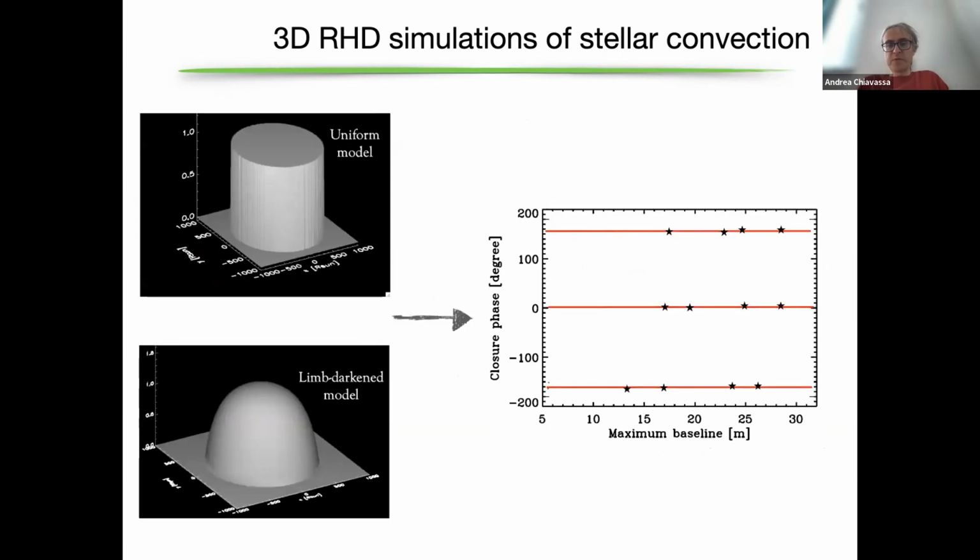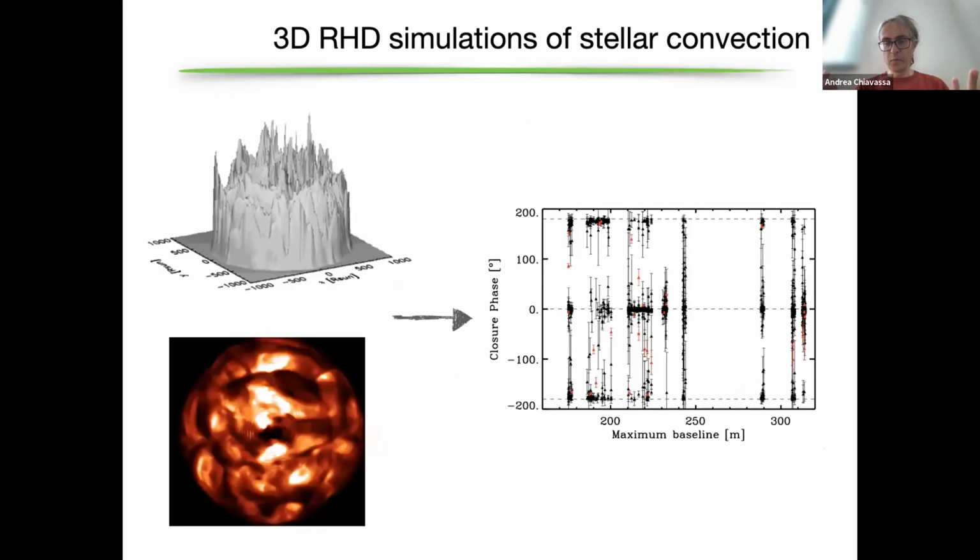How do we do this? So now we go to interferometry. A typical observable is the closure phases on the right. If we have a uniform disk or a limb-darkened model, the closure phase signal is typically 0.